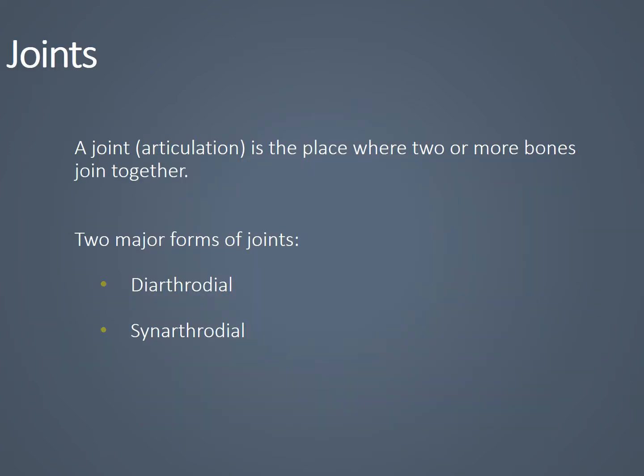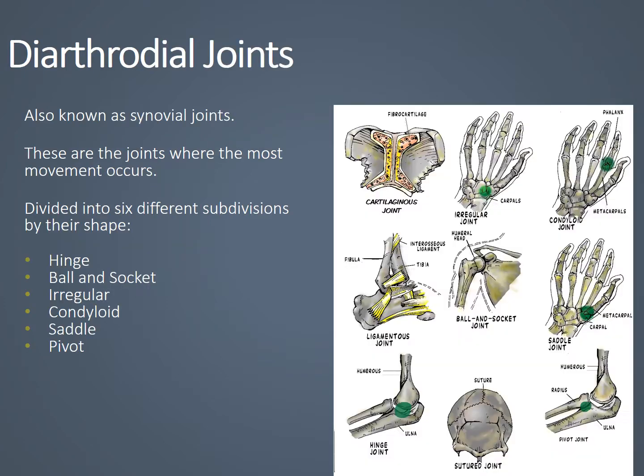Let's talk about joints now. A joint is an articulation, a place where 2 or more bones come together. There are 2 major types of joints: diarthrodial and synarthrodial. Diarthrodial joints, also known as synovial joints.